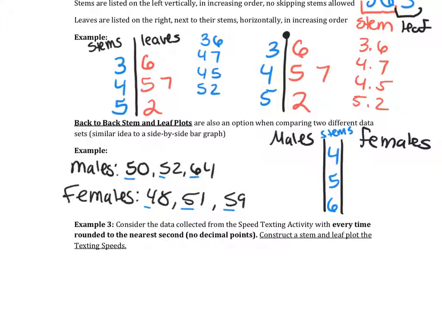So for 48, 4 is our stem, 8 would be the leaf that would go to the left there. Oh wait, that's female, sorry. Males would be 50, and then 52, again still in increasing order as you go away from the stem, and then 64. And then the females would be 48 and 51 and 59. Okay, so just a way to compare two different sets of data similar to the side-by-side bar graph.